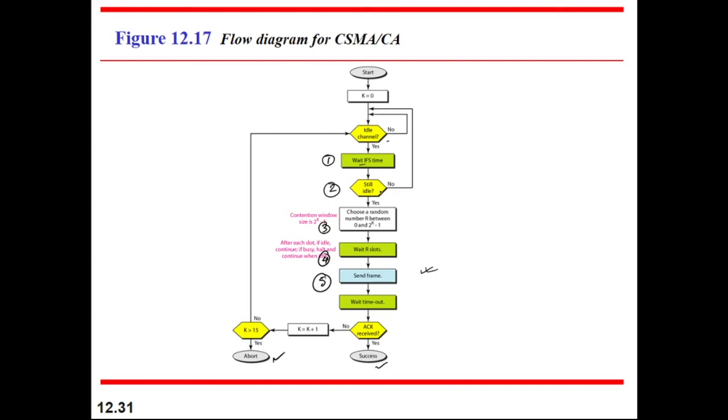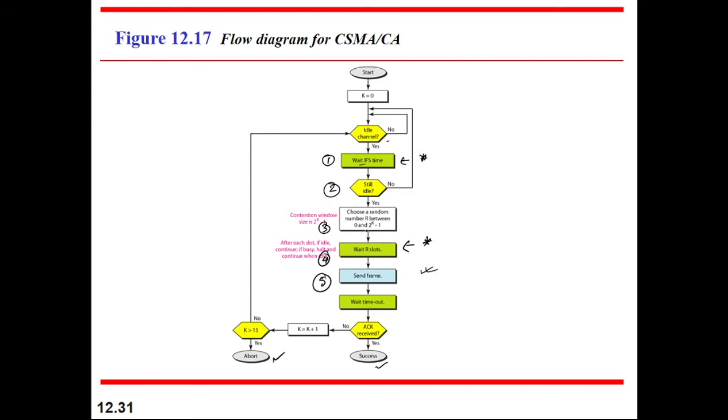They need to wait for some time, and you have to remember the timing, how much time they need to wait. There is IFS time, the interframe space gap, and after that you wait for r slots, where r is a random number between 0 and 2 to the power k minus 1.